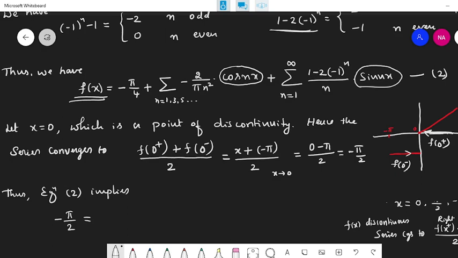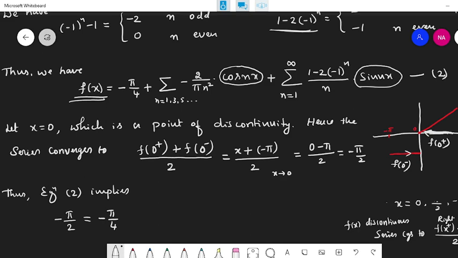I have to take f of 0 plus f of 0 minus by 2. F of 0 plus means you have to take the limit as x tends to 0 from the positive side. F of 0 minus, you have to take the limit as x tends to 0 from the negative side. The average of that will be the point of convergence. So minus pi by 2 equal to minus pi by 4.